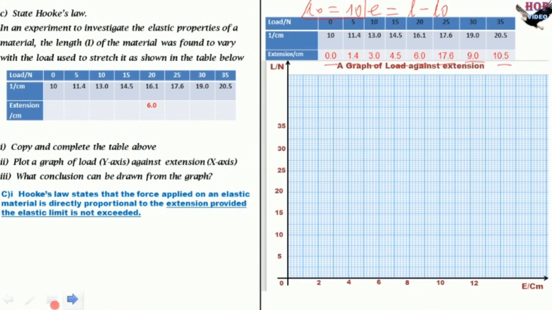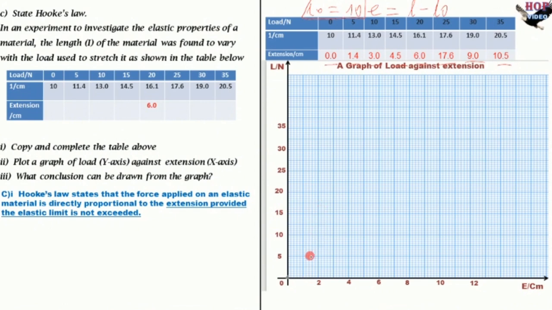Now let's plot the graph together. The first point we are going to plot is 0, 0. So we have a point here. The next point we are going to plot is 5 and 1.4.